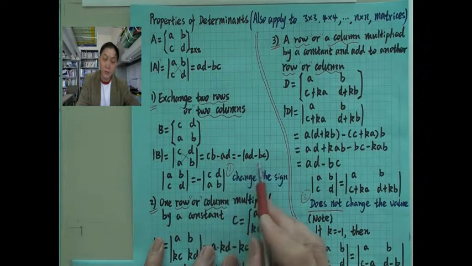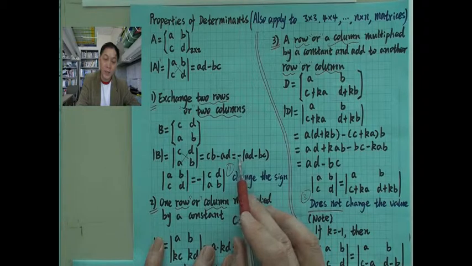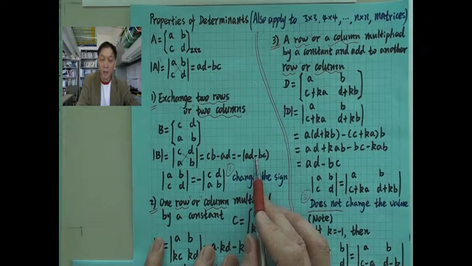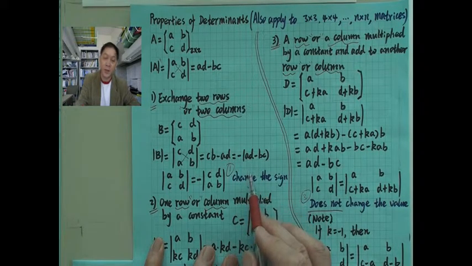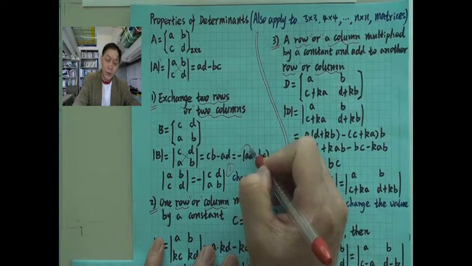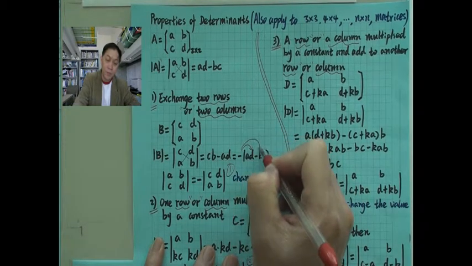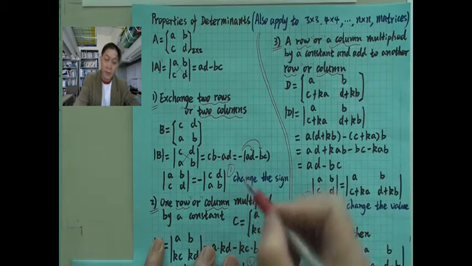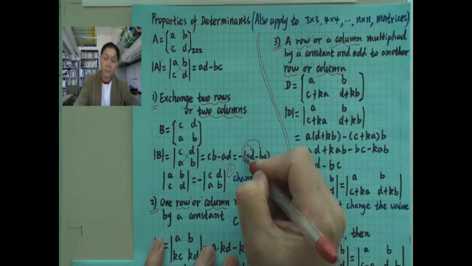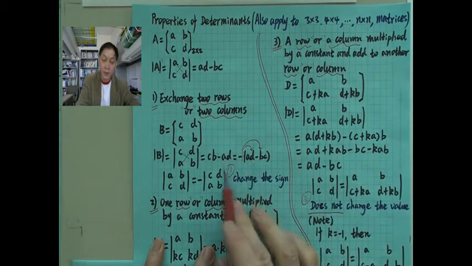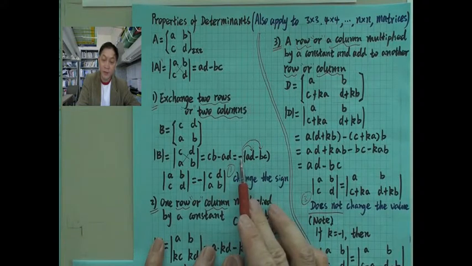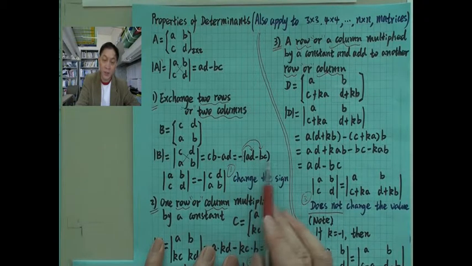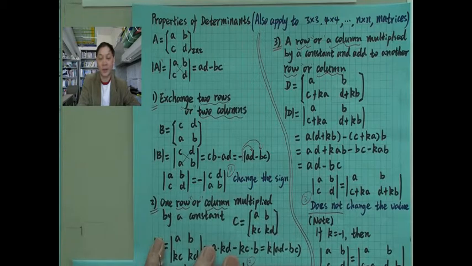BC was positive, so when you pull the negative sign out, they will have another negative sign right here. Because when you do the distribution, negative 1 times AD is negative AD, and negative 1 times negative BC is positive BC.